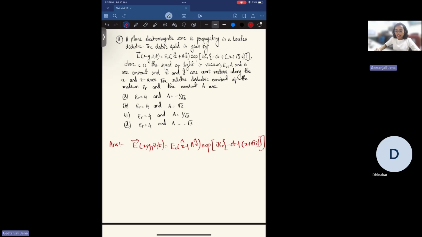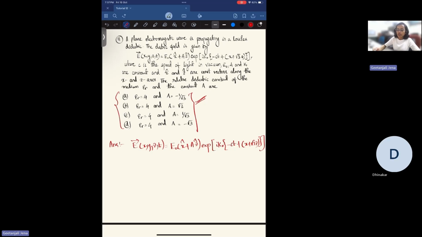Calculate the relative dielectric constant of the medium and the value of the constant A. If you look at the options, epsilon r is the same, so you can just check the value for the amplitude. But it's better if you check how you can get the value of 4, so you can verify whether this is actually the answer. Calculate it first and let me know whether you are getting the answer.